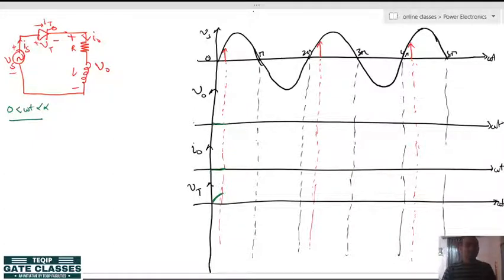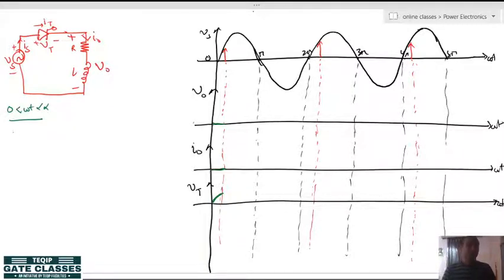Please note down, when the thyristor is in forward blocking mode, we have to draw the positive voltage across the thyristor. So, from 0 to alpha, we have already drawn this.